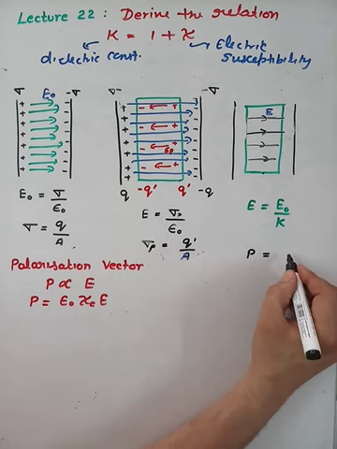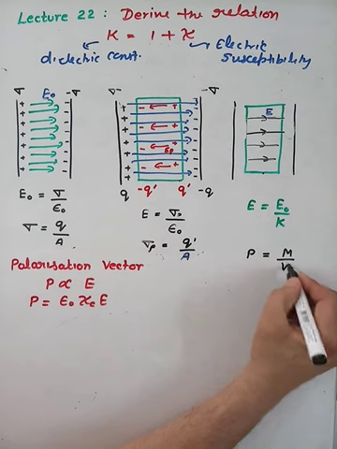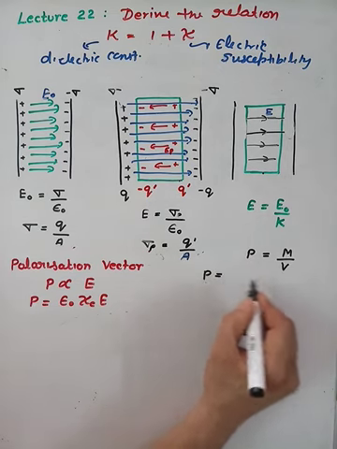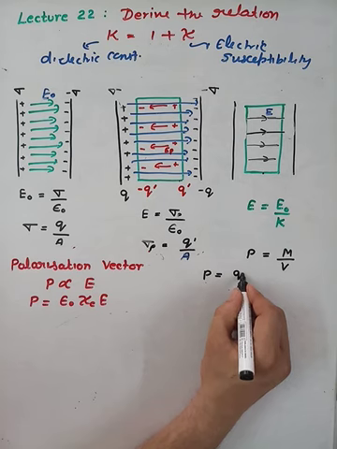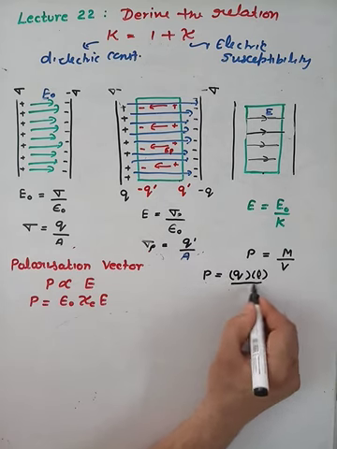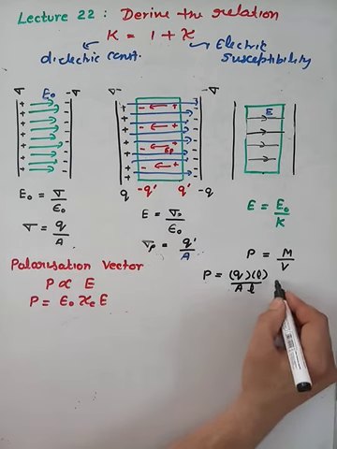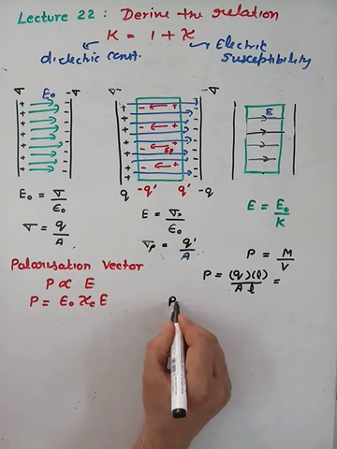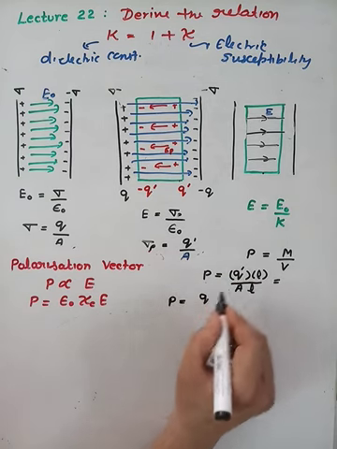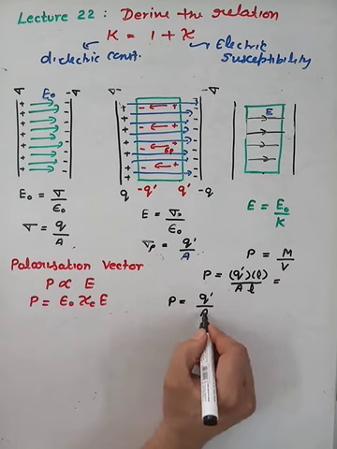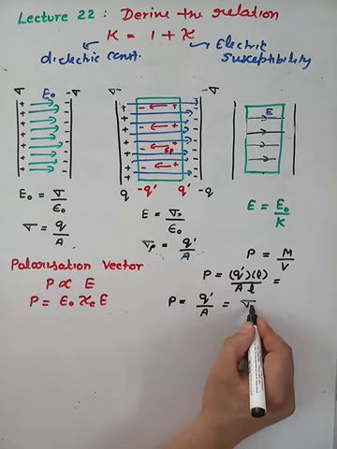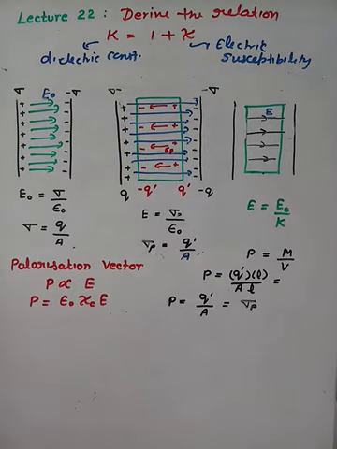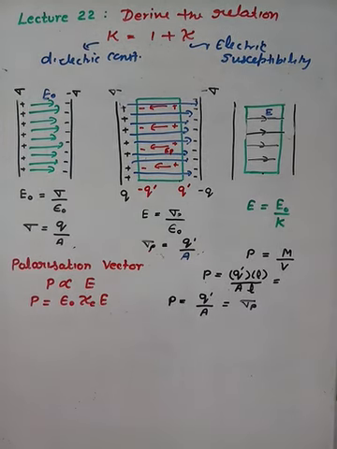Dipole moment is the product of charge and separation, and volume is A into L. L and L cancel out, and we get polarization vector P equals Q dash by A for the induced charge, which is also called sigma P. We take the same concept here.